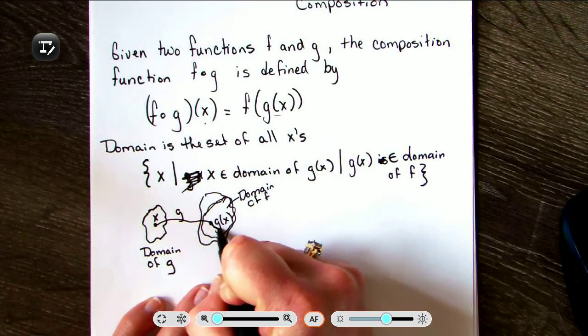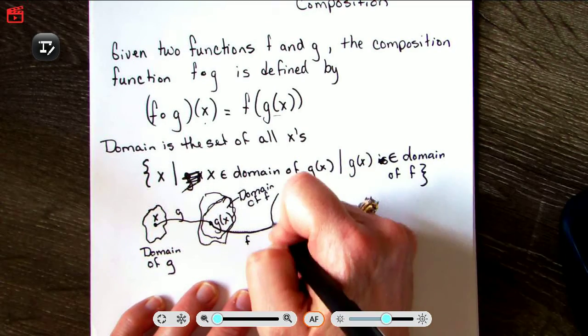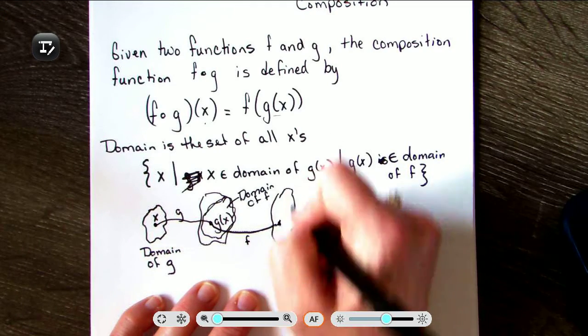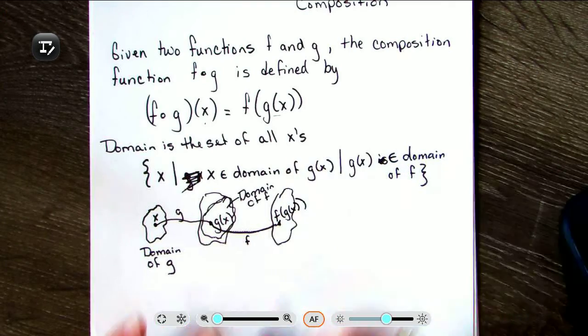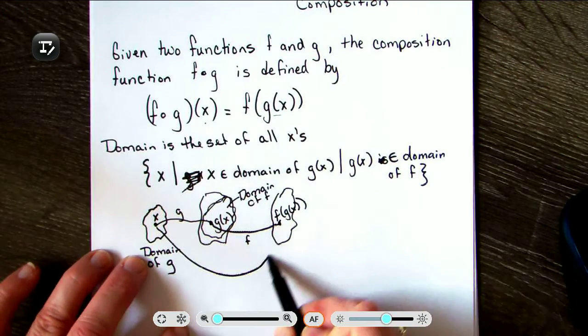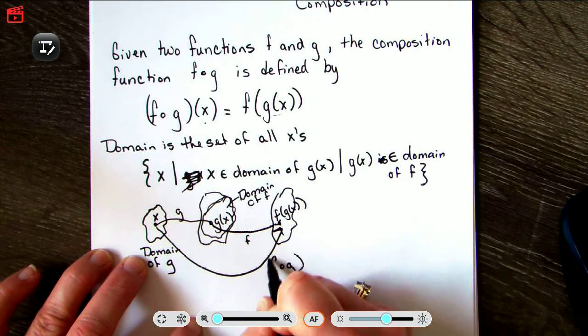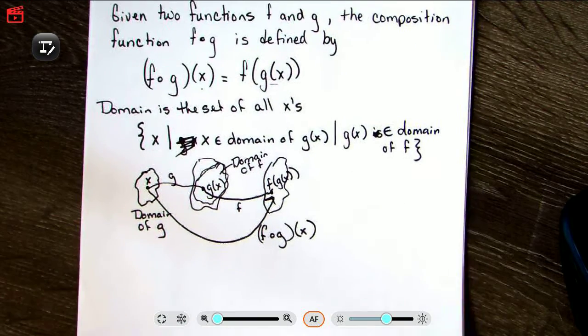Then we're going to take f and map that new point into the range. So this is going to give us f of g of x. With our new notation, it's called f composed with g of x.